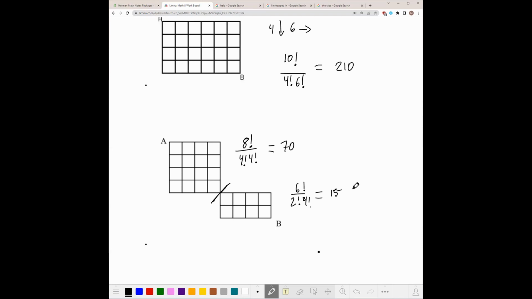So 70 times 15 is equal to, sorry, this notation's hideous, whatever, 1,050 different ways in which you could go from A to B. Interesting. All right. One last idea with these kind of pathway questions is, don't throw away these questions quite yet. We might just come back to them.